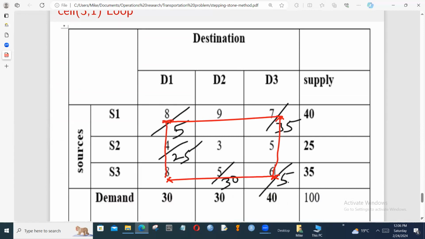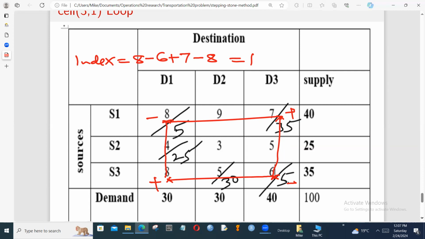When assigning alternating signs, it will be easy to calculate the index as 8 minus 6 plus 7 minus 8. And so this will be positive 1.